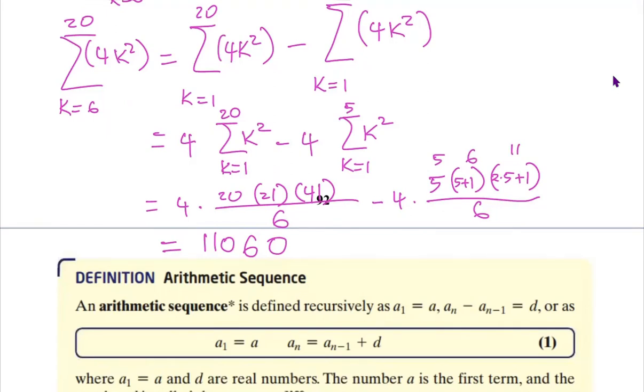So that will be 4 times 20 times 21 times 41 divided by 6, and then minus 4 times 5 times 6 times 11 divided by 6. So the result is 11,260.